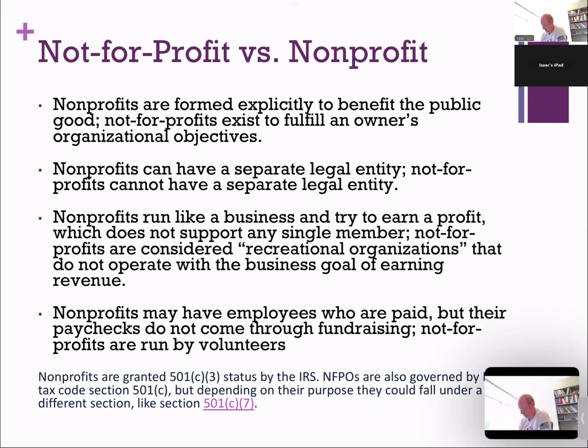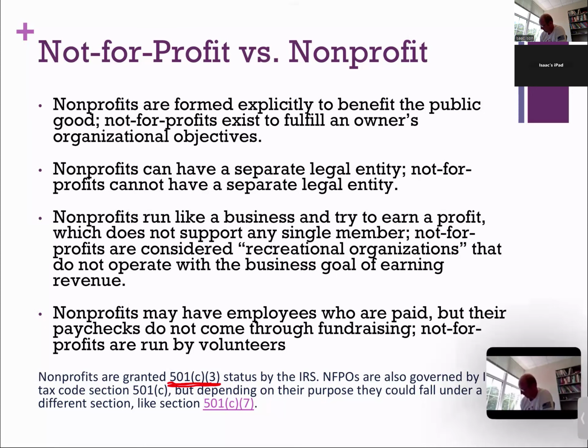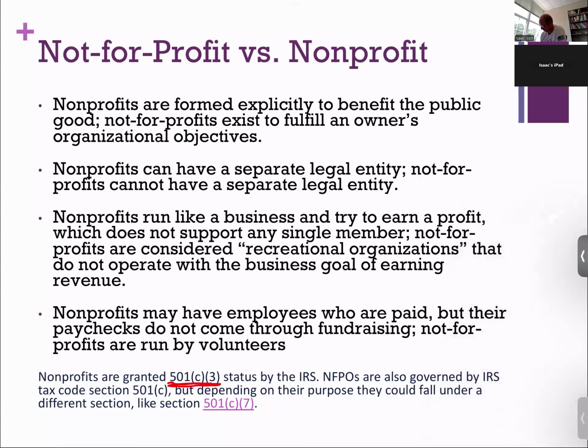If you look down at the bottom, a nonprofit is going to fall under section 501(c)(3) of the code, but a not-for-profit is also going to be in 501(c), but it could be under a different section, like 501(c)(4) or (c)(7). So it's more of a distinguishing factor from a tax perspective.